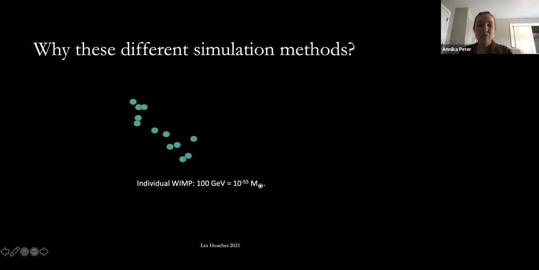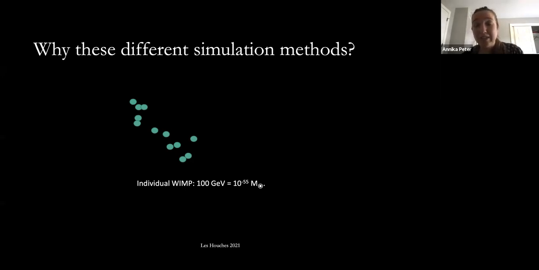So as I mentioned before, an individual WIMP might be 100 GeV, or in astronomer units, 10 to the minus 55 solar masses. Now, a typical galaxy cluster halo is about 10 to the 15 solar masses. And even the Segue 1 dwarf galaxy that I showed earlier is still maybe 10 to the 8 solar masses, or in that case, about 10 to the 63 WIMPs.